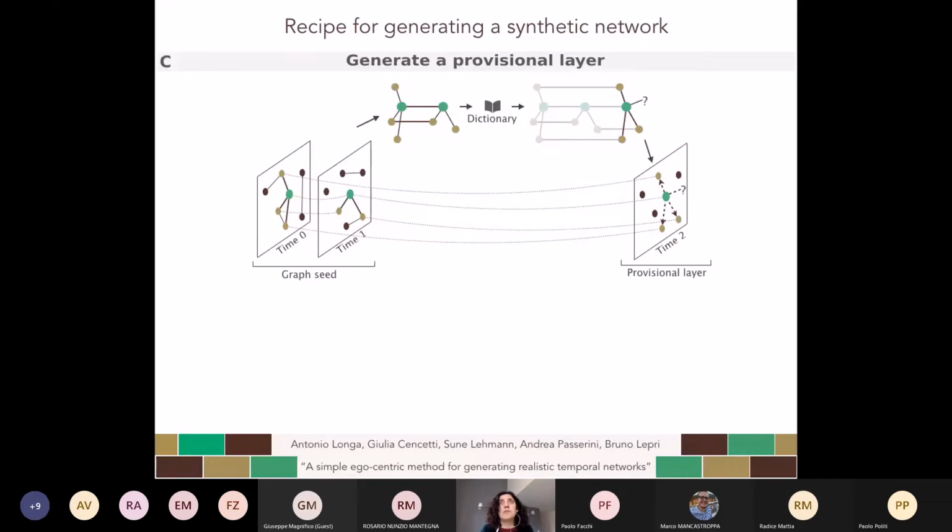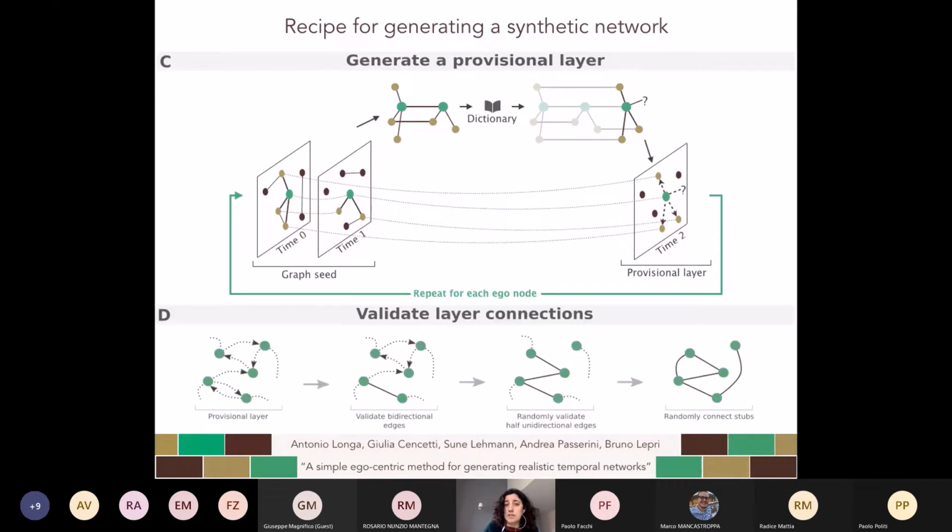So each directed link represents a request of a connection. Then we can do this for all the nodes of our network, and so we obtain a provisional third layer, which is directed.